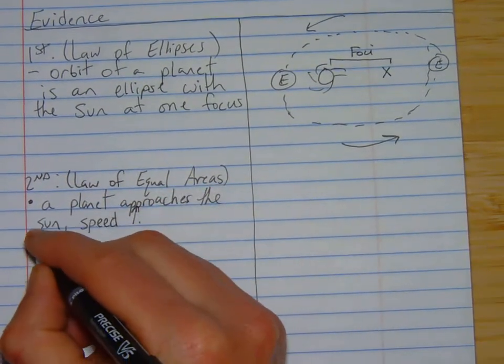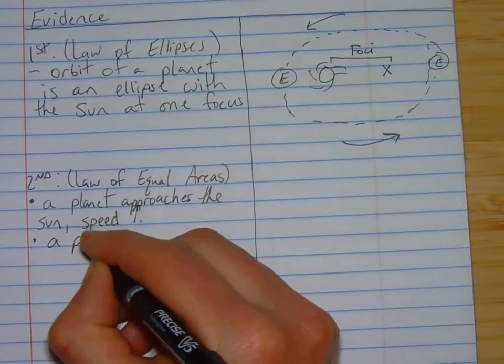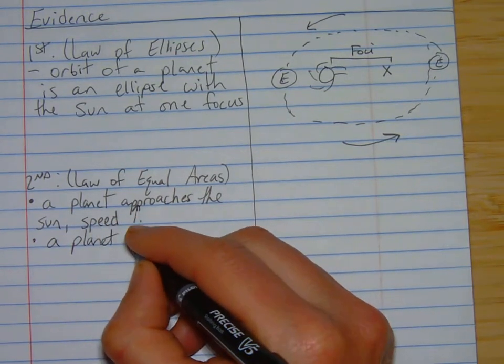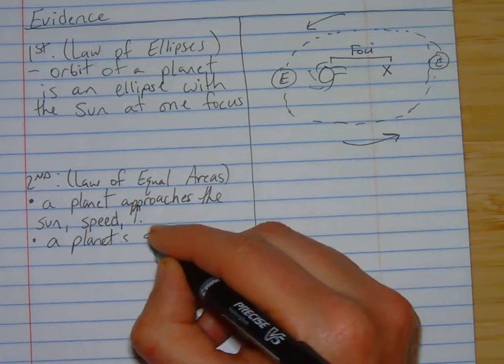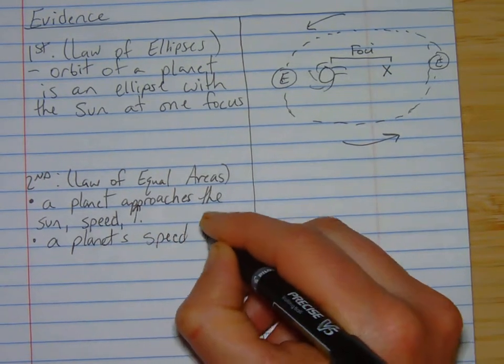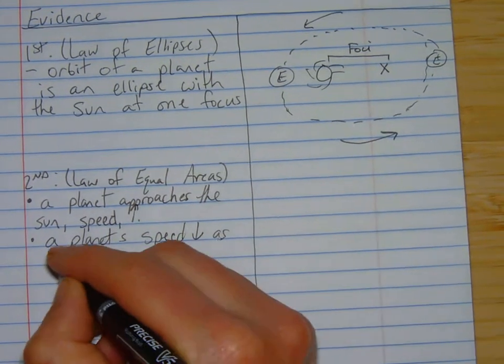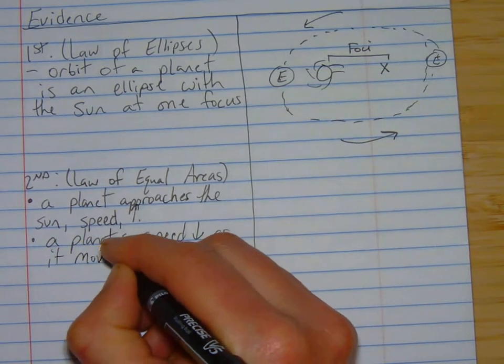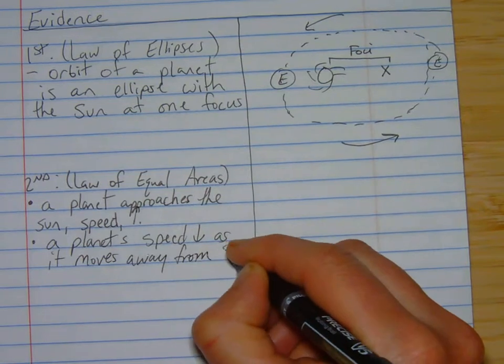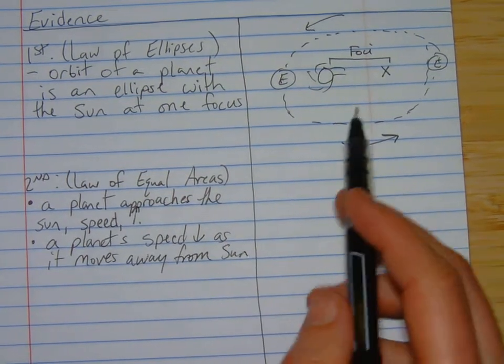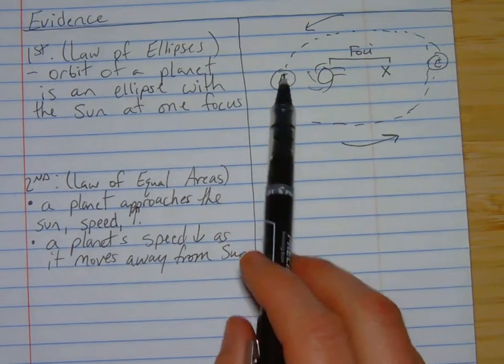The flip side of this is that a planet's speed decreases as it moves away from the sun. When the Earth gets to this point, it's scooting.